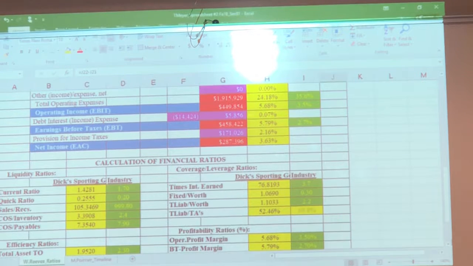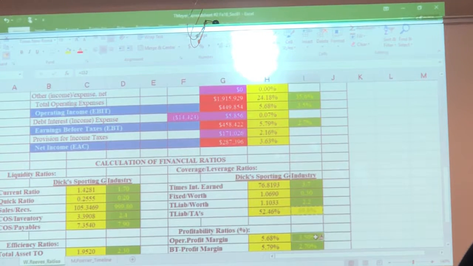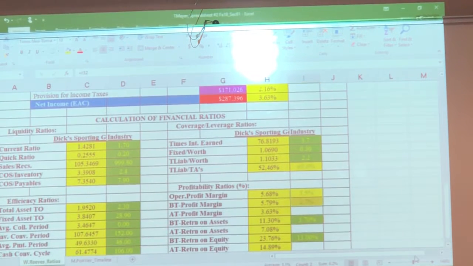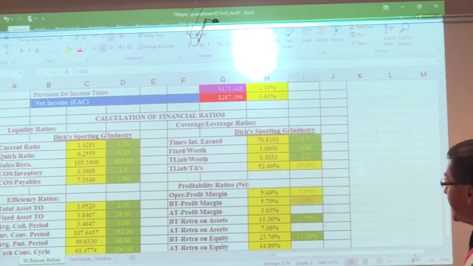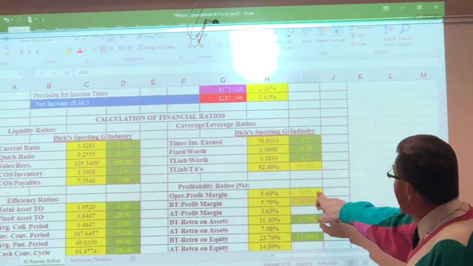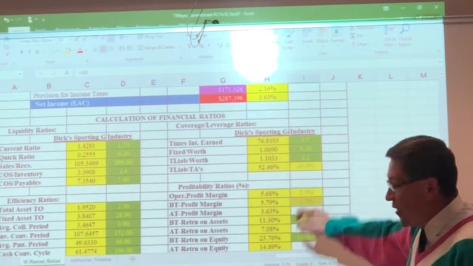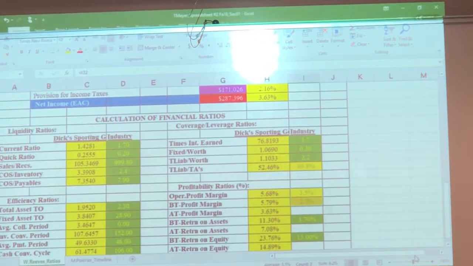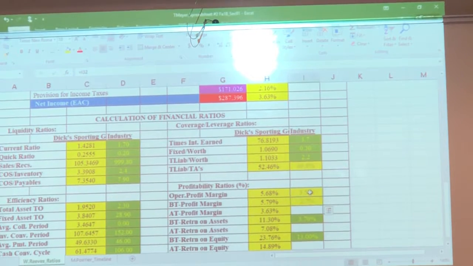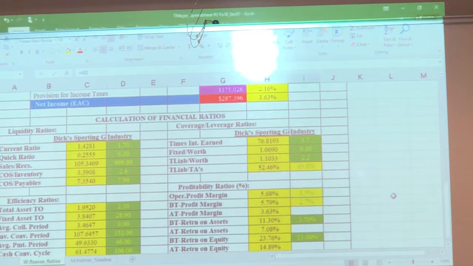Okay, now, starting with your cursor on I-44, we're going to do the format painter again. And we're going to highlight I-47 and 48. Now, what you need to do on I-47, you're going to put a cell reference to I-32.